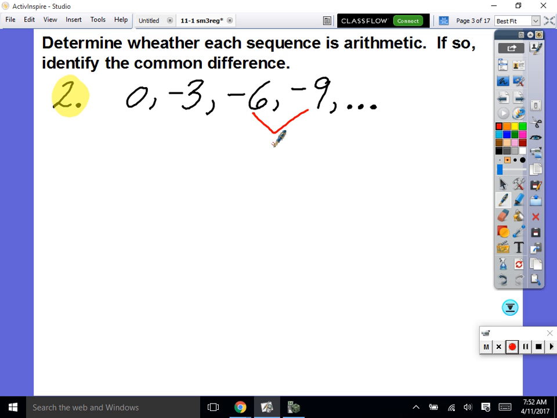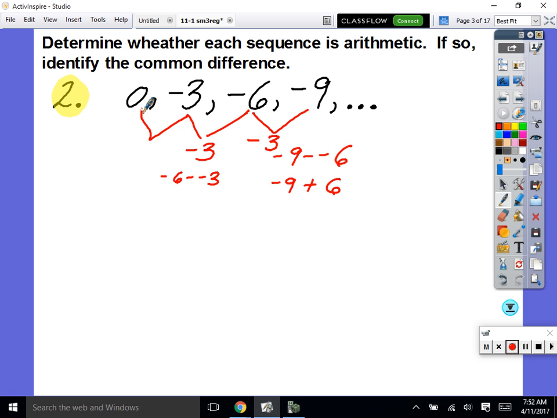So negative 9 minus negative 6. Negative 9 minus negative 6. Negative 9 plus 6. Negative 3, which makes sense, guys, because I'm going to be subtracting 3 to get from this term to this term. Okay, let's do this one. Negative 6 minus negative 3. Negative 3, good.